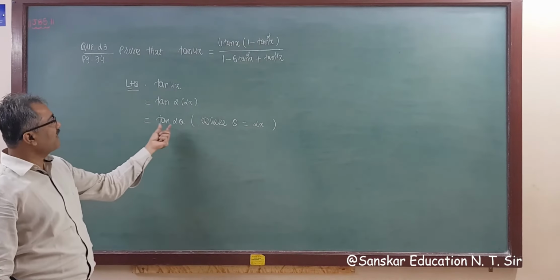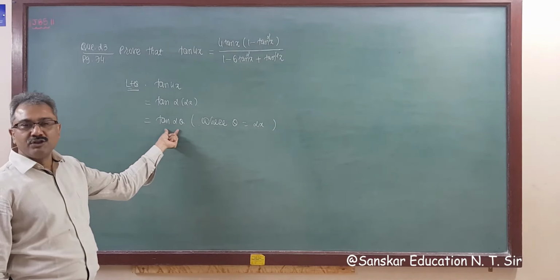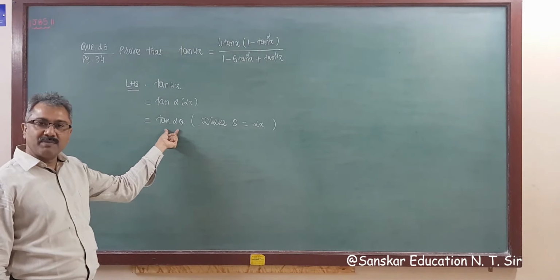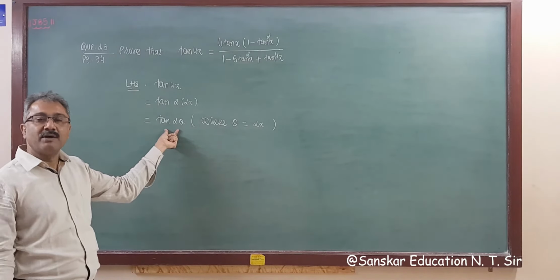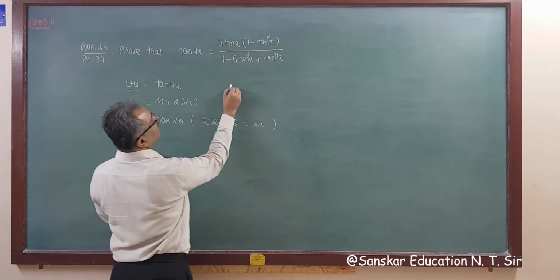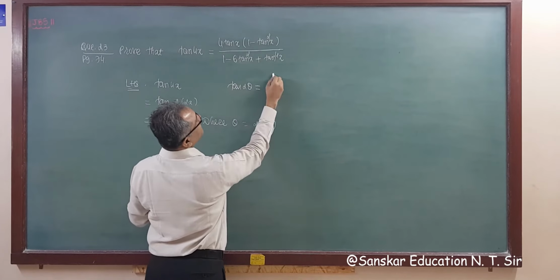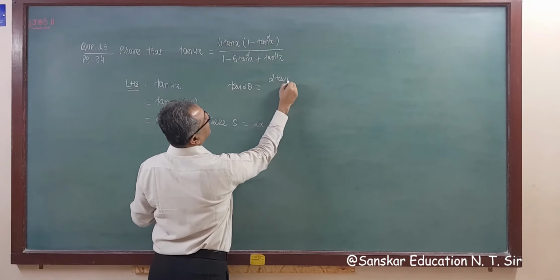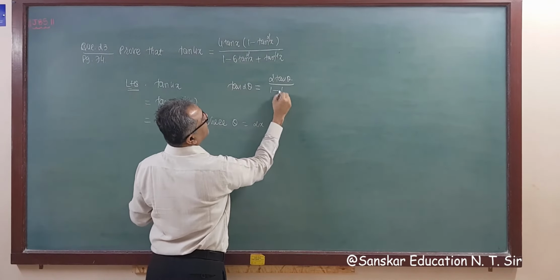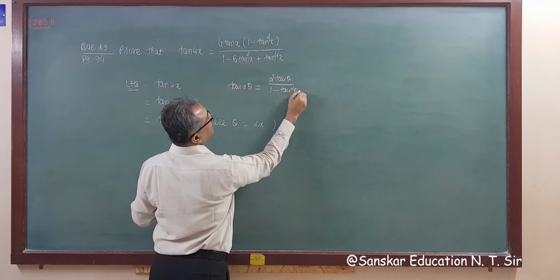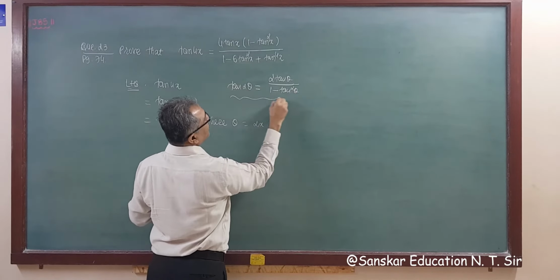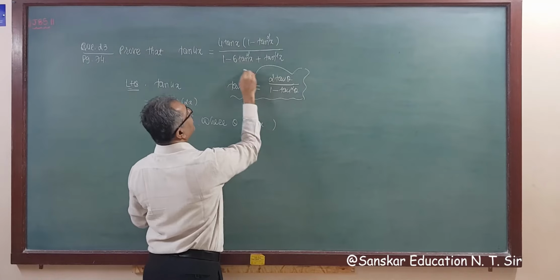Now the formula for tan 2 theta is 2 tan theta upon 1 minus tan square theta, 2t upon 1 minus t square. This is the formula that we have to apply here.